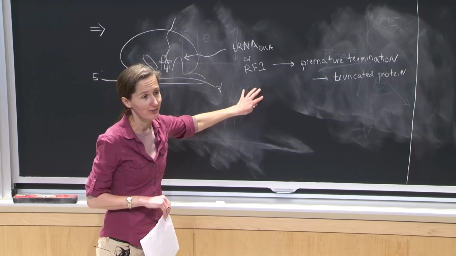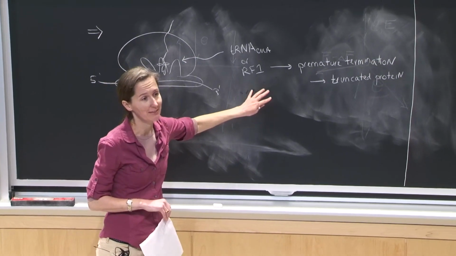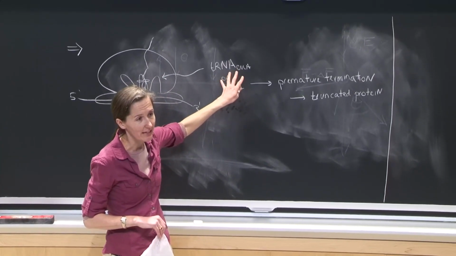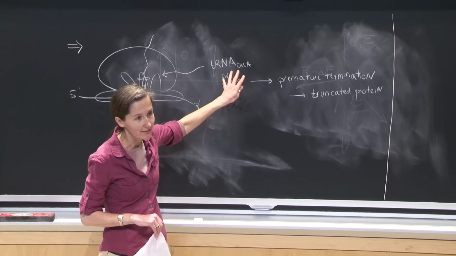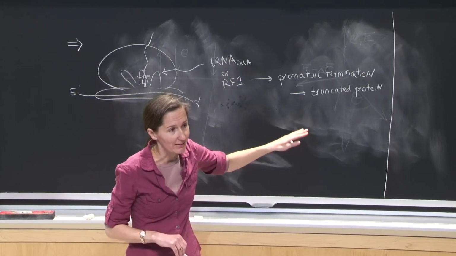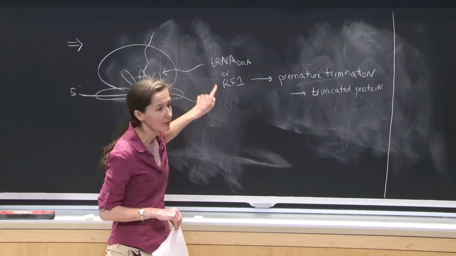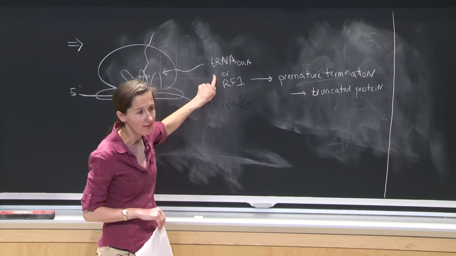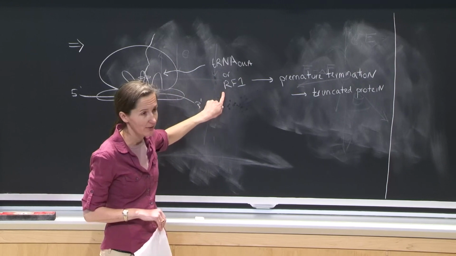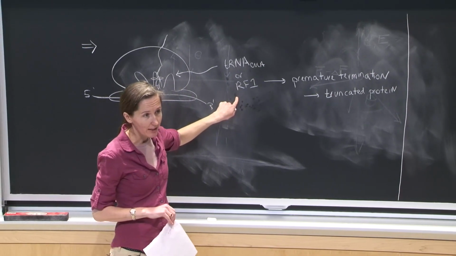It depends what enters the A site. So a stop codon is a stop codon, right? But the idea is that this tRNA has been tweaked to allow a tRNA to recognize the stop. So there's going to be competition, right? Because you have the tRNA that's going to deliver the unnatural amino acid, but you also have release factor around.